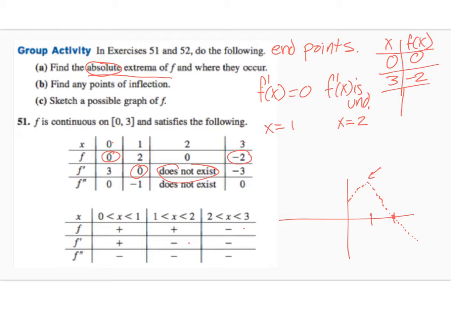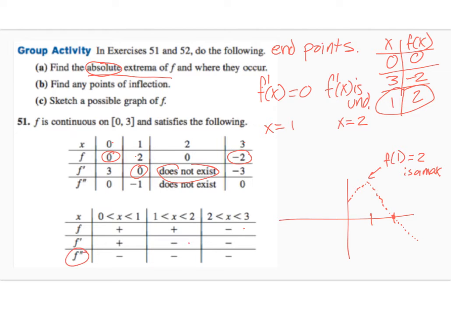First, it tells me that f of 1, which equals 2 in that case, is a max. And with regards to this situation, that's going to be the absolute max. That's the highest point that we achieve. Before this point, we're increasing to that height. After this point, we're only decreasing. So that's what's going on there.